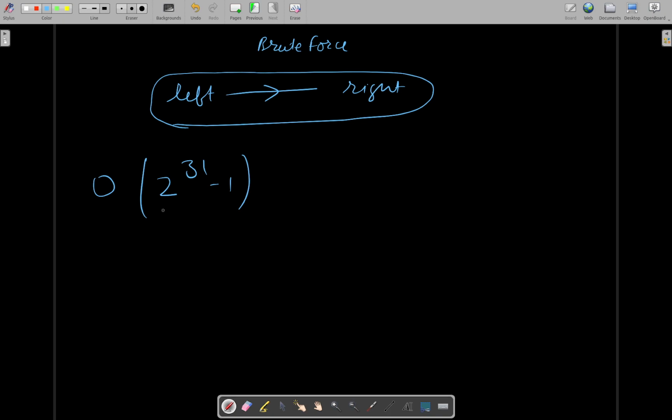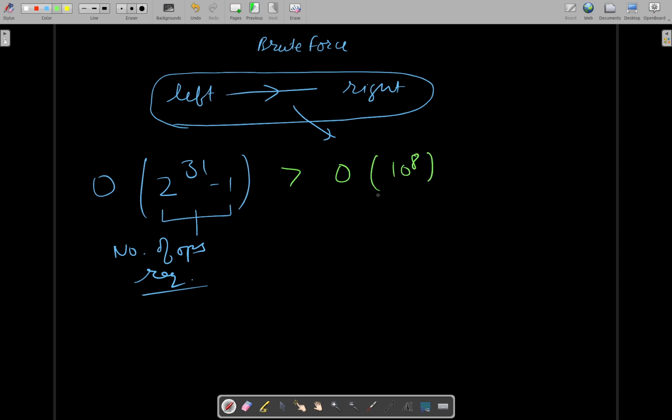So these are quite high numbers. This is a quite high number of operations that you will require if you decide to run a loop from left to right. The number of operations required will be of this order, but this is significantly greater than the operation limit, which is 10 raised to power 8.